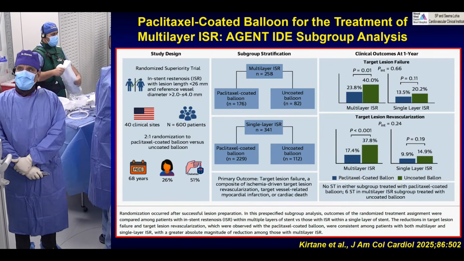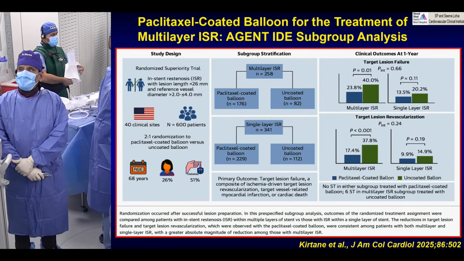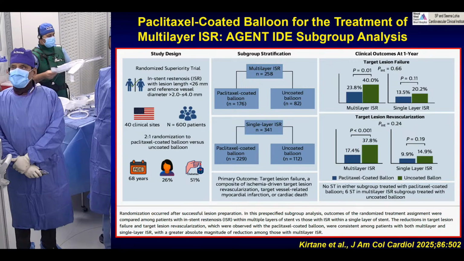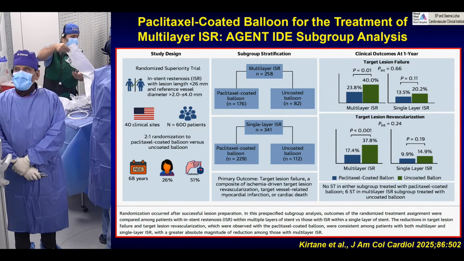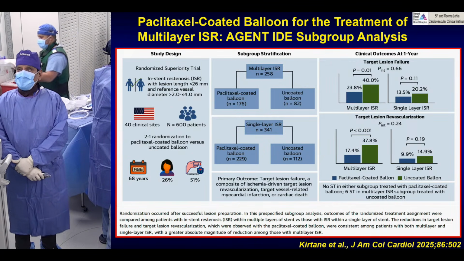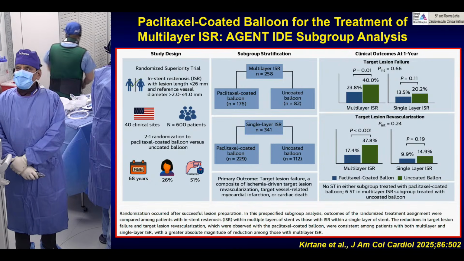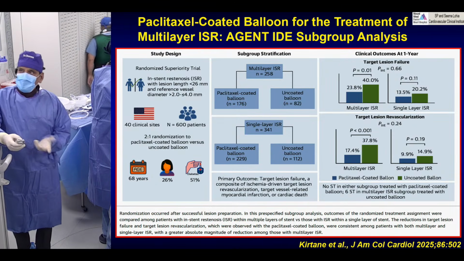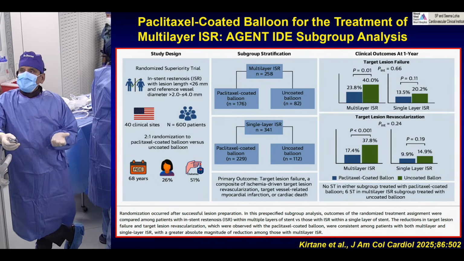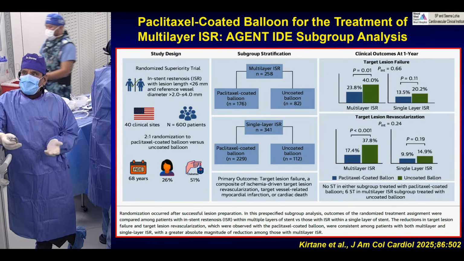Both were either paclitaxel versus uncoated balloon, and see the outcomes at 1 year on the right side. It seems that once you have multi-layer ISR, the benefit of DCB was far superior compared to single layer, and that's what we expect, whether it's target lesion failure or TLR.